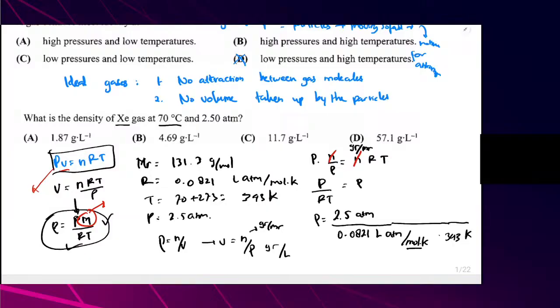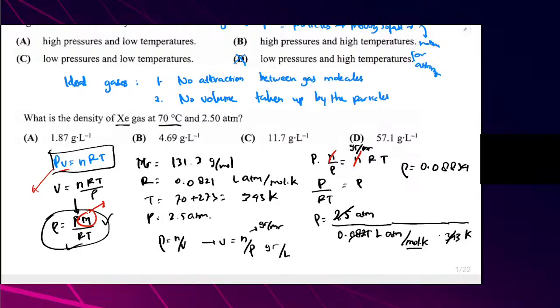Okay, if we just plug in this number, 2.5 divided by 0.0825825, and then we will end up getting 30, and then divided by 343. So we will get for the rho 0.08834.